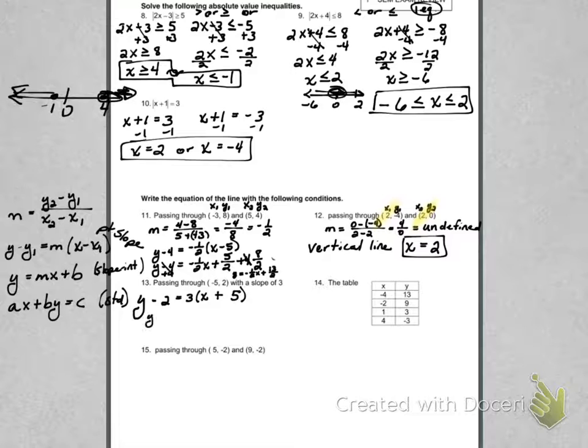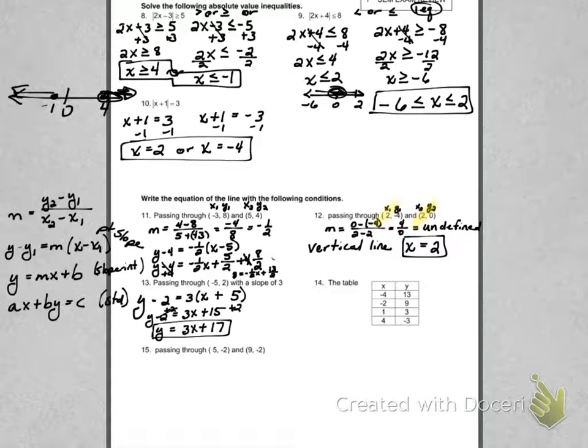So y minus 2 is equal to 3x plus 15. Then we're going to add 2 across. So y is equal to 3x plus 17. Okay.